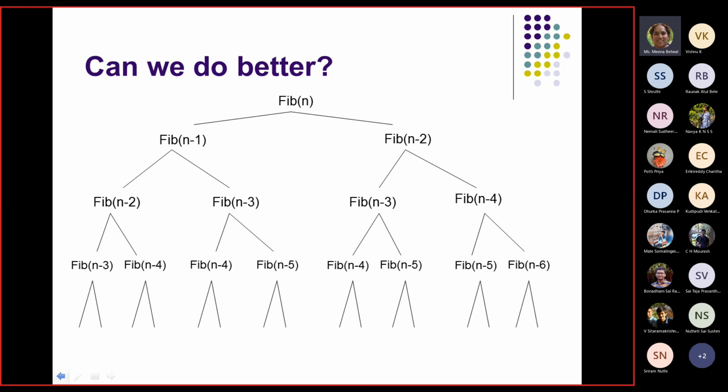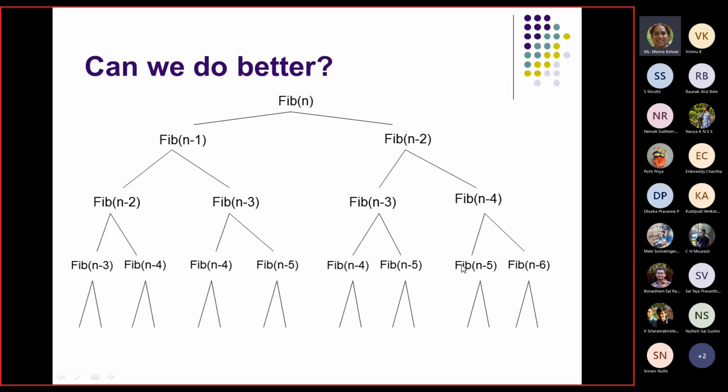Now to tell you, what is the problem in this design? It works fine, it's correct. But the problem is, if you have to calculate fib n minus 2, you are calculating fib n minus 2 here, and here also the same thing. And for example, n minus 5, you are calculating here, here, and here, right?